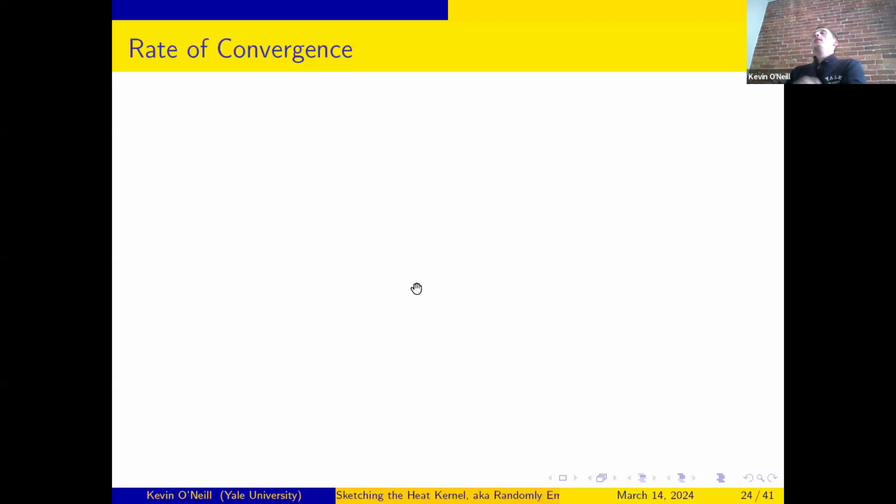Okay, so we've shown so far that these Gaussian process embeddings approximate the diffusion distance, and that's great. But how fast? Well, if you fix a particular pair of points, and you look at how fast the distance in the embedding converges to the diffusion distance between those points, you can use your standard tools of central limit theorem, Chebyshev's inequality, whatever you want.